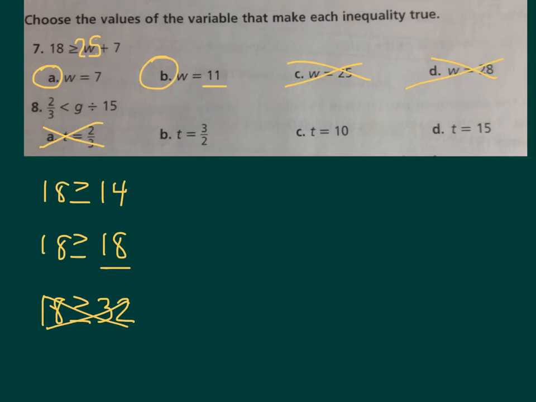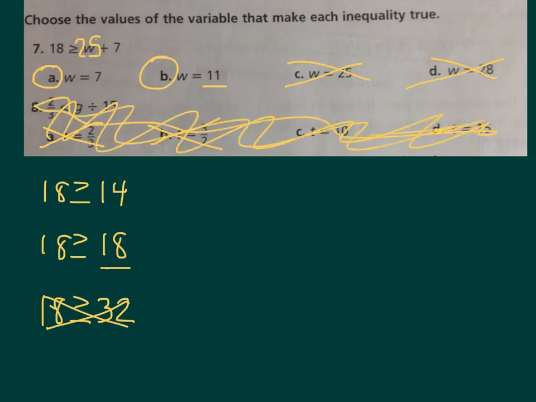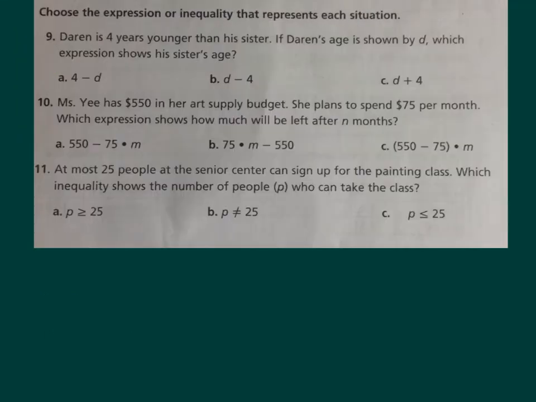Here though, I'm going to just skip this one because we haven't done this unit yet and I don't think it's fair to have that one in there. And here, they have the letters just wrong because it's a G here and it's a T here. But you know what? Forget all of number 8. This is poorly done. So just scribble that out and remind me that I told you to scribble it out.